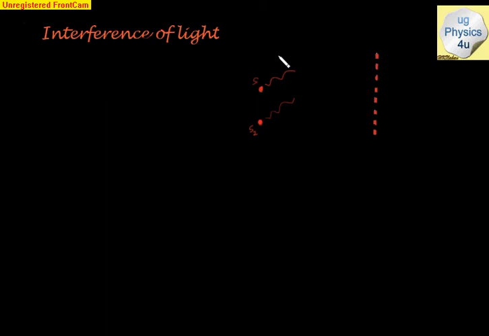I assume this wave is denoted by y1 and this wave by y2, and when these two waves meet on the screen, they produce a net result, let us say y, and this y can be determined by simple calculations.